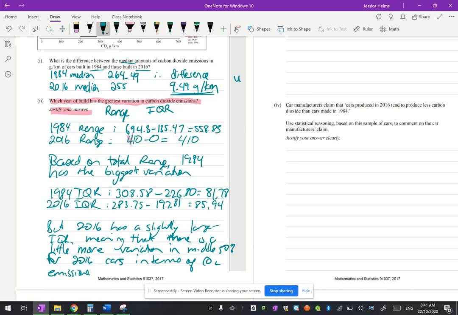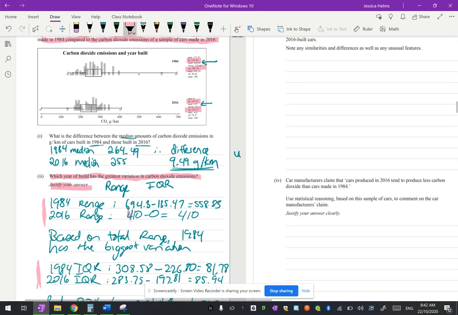So pretty much you need to make sure that you state both the interquartile range and the full range, and make a decision off one of those. It's up to you which one you choose as the best indicator. Range is definitely more affected by outliers, so potentially your range may be affected by the 0 for 2016 and the high numbers for 1984.